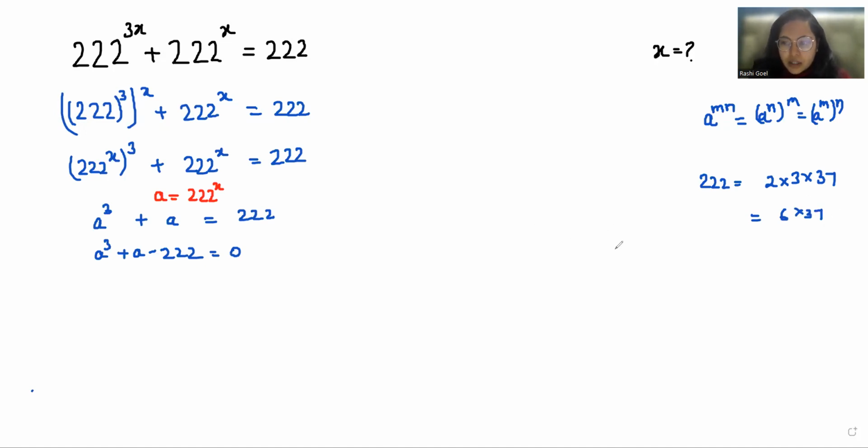So I can break this as a cube plus, for the middle term, 36a minus 37a minus 222 is equal to 0. So we'll replace the sign here with positive and here it is negative.